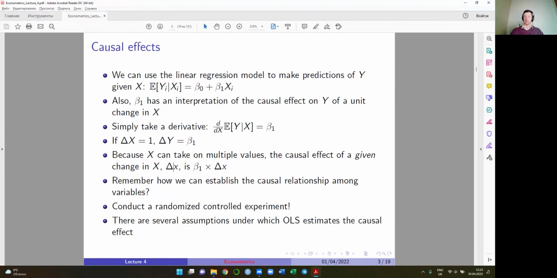We will discuss several additional assumptions for when OLS is able to estimate this causal effect, and we need to be very careful with them, because otherwise we are not able to claim that X causes Y. It's simply some association, but not the causal effect.